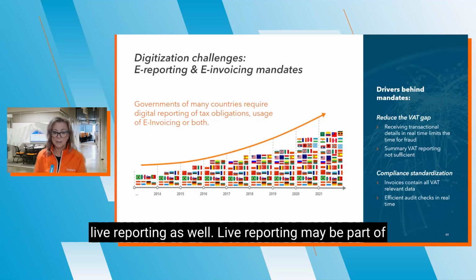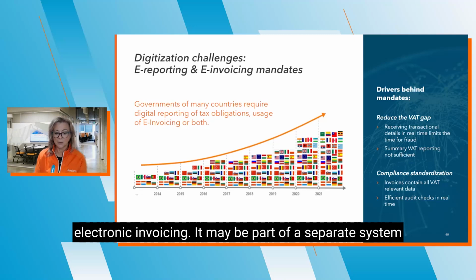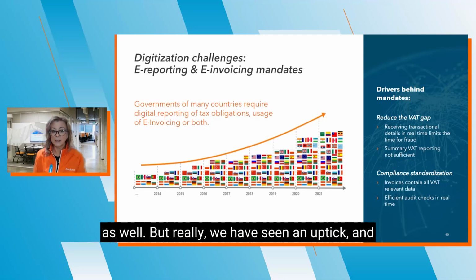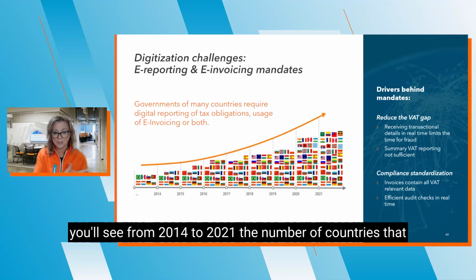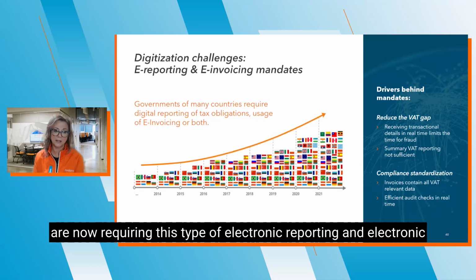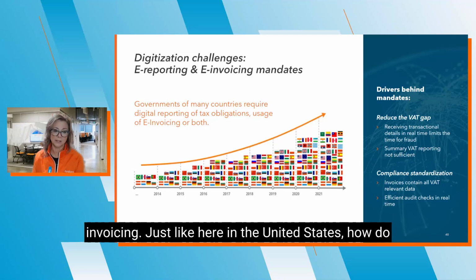Live reporting may be part of electronic invoicing. It may be part of a separate system as well. But really, we have seen an uptick, and you'll see from 2014 to 2021, the number of countries that are now requiring this type of electronic reporting and electronic invoicing.